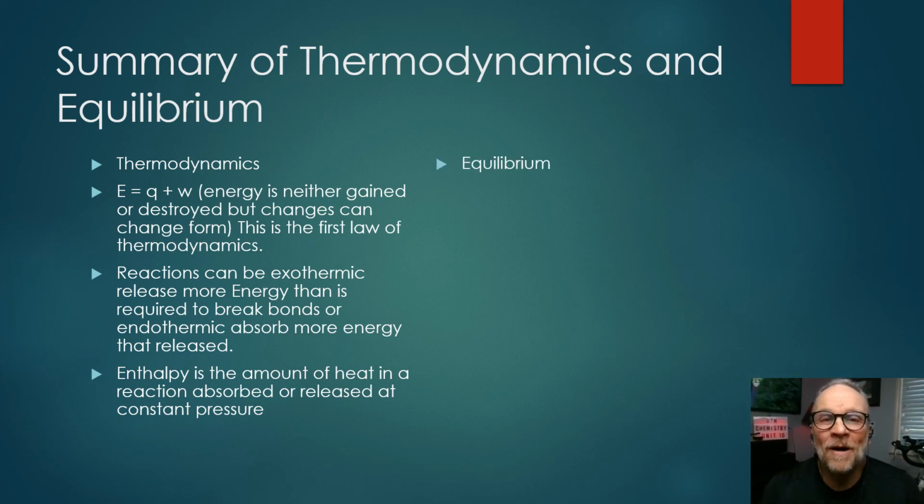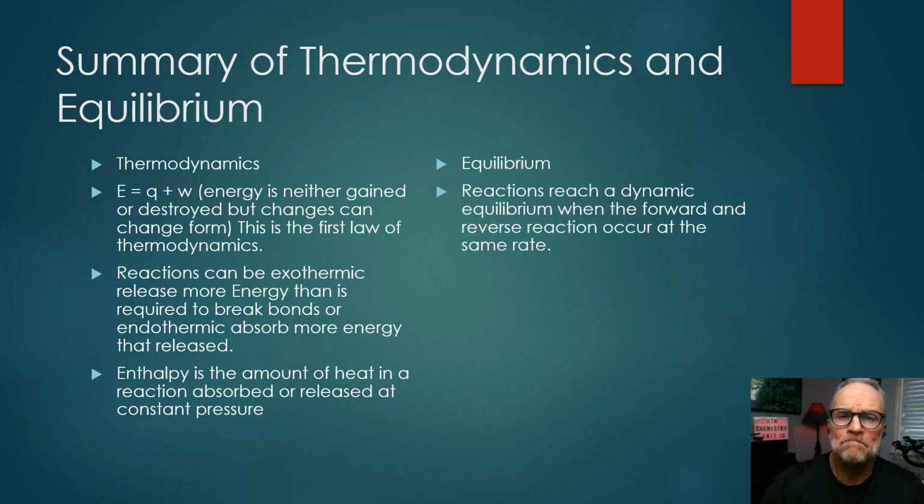Okay, so let's talk about some of the basic concepts in equilibrium. We said that equilibrium is a dynamic system. That's when you mix the chemicals up, they form products, and as soon as the products are formed, they reform to form reactants in this reversible type of reaction.